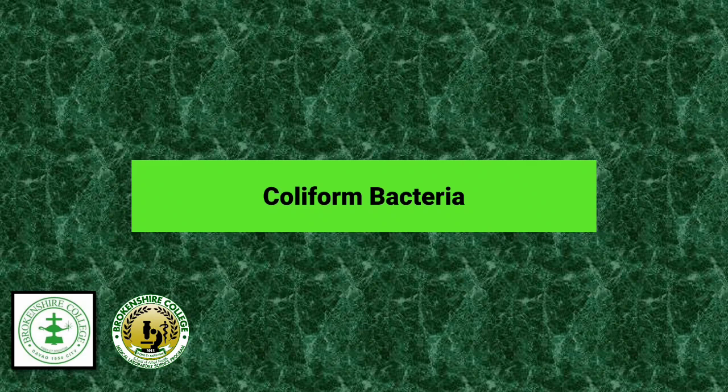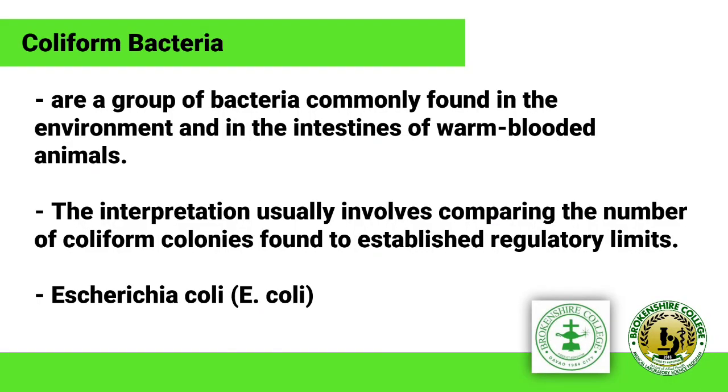One example is coliform bacteria. Coliform bacteria are a group of bacteria commonly found in the environment and in the intestines of warm-blooded animals. Their presence indicates possible fecal contamination and the potential presence of other harmful pathogens.